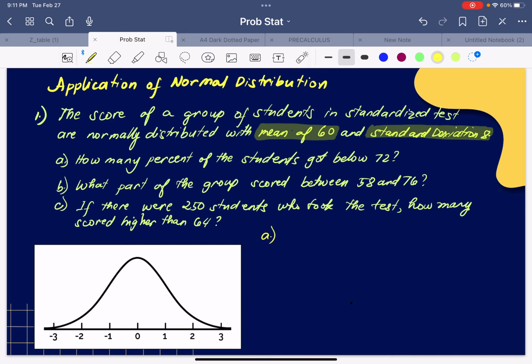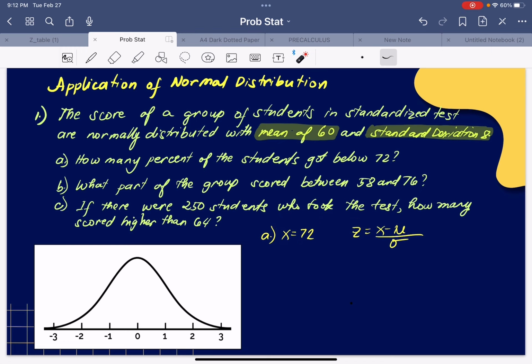So, we're going to convert the score, 72, x, into a standard score. So, we're going to compute the z score. So, z is x minus mean divided by the standard deviation. So we're going to convert 72 into a standard score.